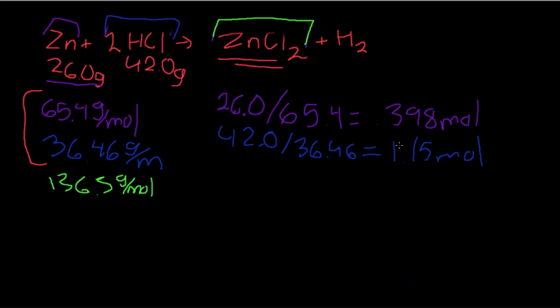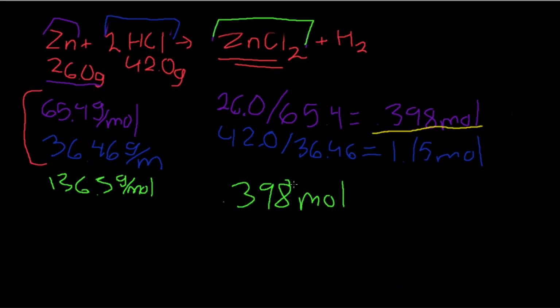So, this being the case, 0.398 is well under half of 1.15. That means we will be going with this number for our production. Since it's 1 to 1, this number and this number will be the same.